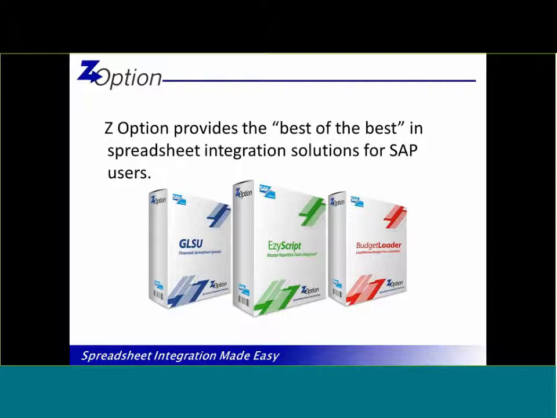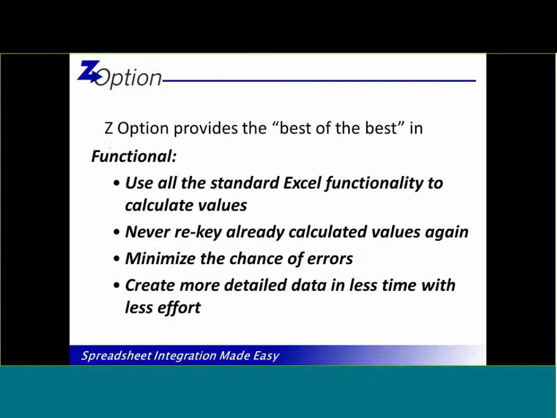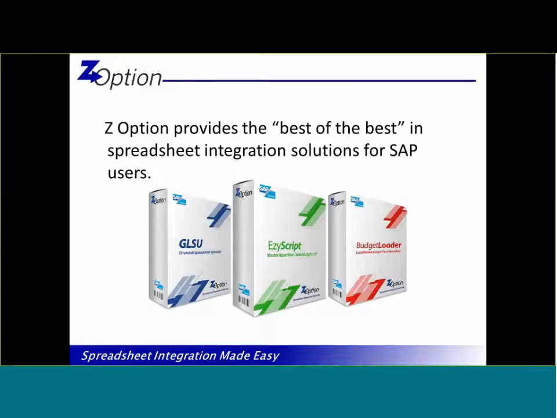Pretty much anything that can be scripted in SAP can be utilized using the EzyScript tool, and I'll show you the tool here shortly. GLSU is our flagship product. It's for uploading finance data into SAP straight from Microsoft Excel. It's got a lot of built-in business logic. And then our budget loader solution is also an upload tool, but it's for CO planning data. So you can download plan data into Excel, manipulate it, create new plan data, and upload it back to SAP.